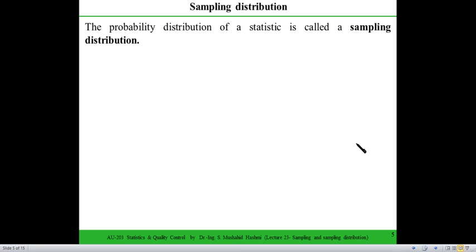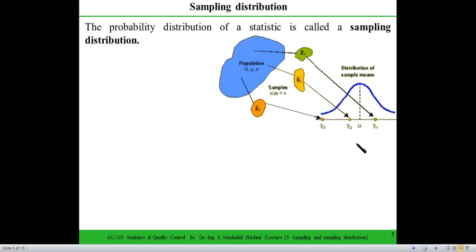Just like in a probability distribution, where you have a sample space and a certain probability associated with each outcome of an experiment, you are able to draw a probability distribution. If your characteristic of interest is taken from a sample, we call it a statistic, and the distribution of probability associated with the statistic is called the sampling distribution.